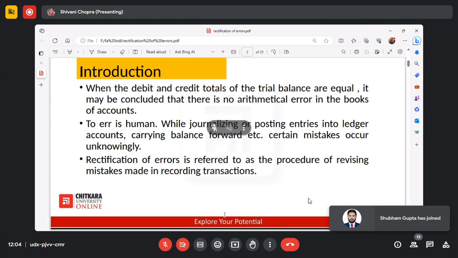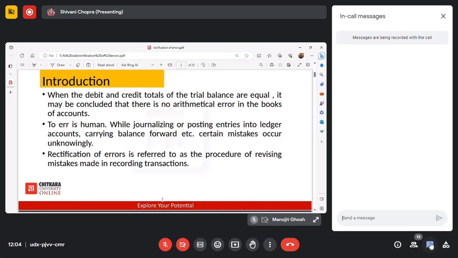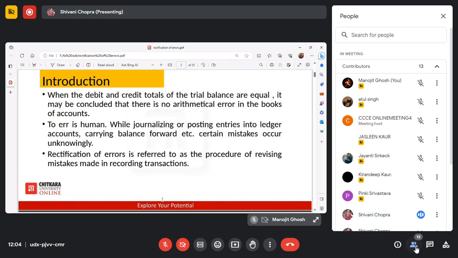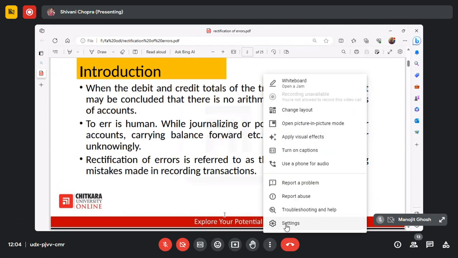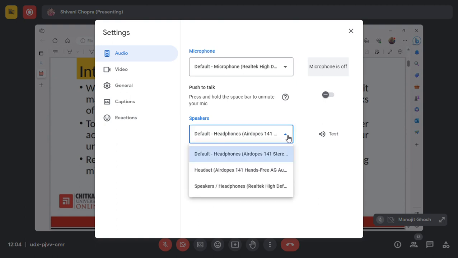But the second implication of equating the debit side and the credit side of the trial balance is that the double entry aspect of recording all the transactions has been served.